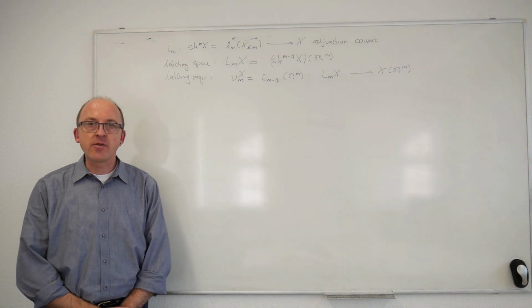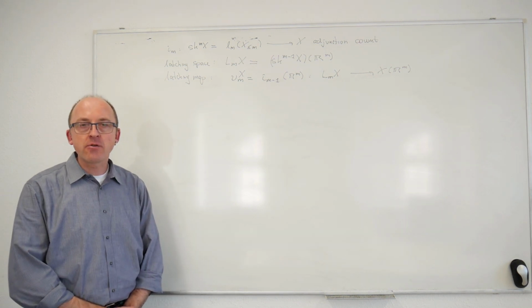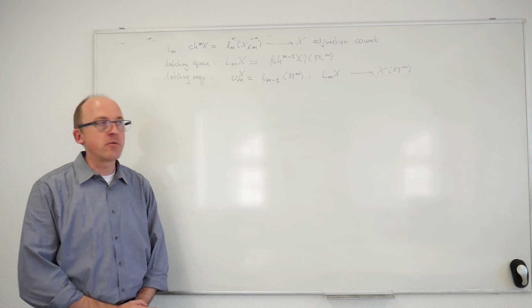Here are some facts about the skeleta, the latching spaces, and the latching morphisms. And all the facts that I'm going to list now are enriched category theory, and they're not topology or homotopy theory.